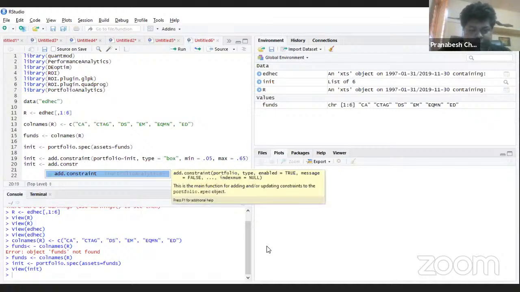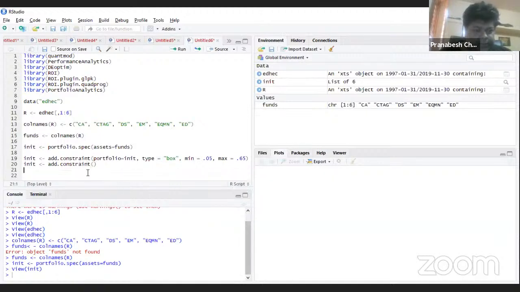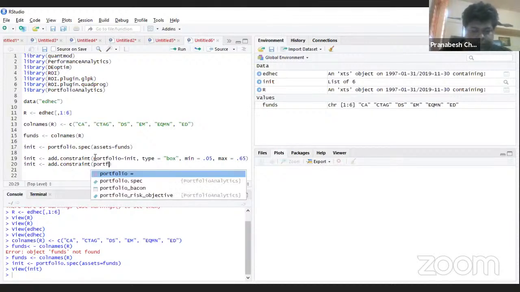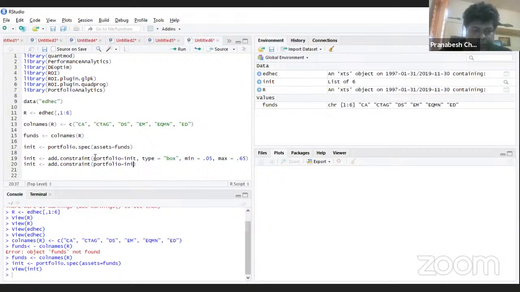But that constraint we cannot add with this. Weight_sum equals to 0, max_sum.